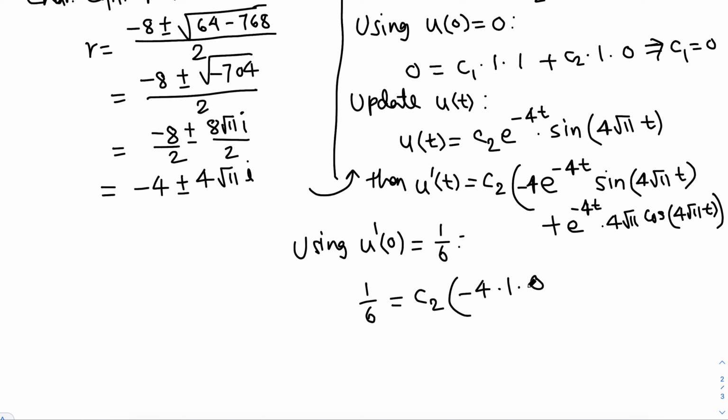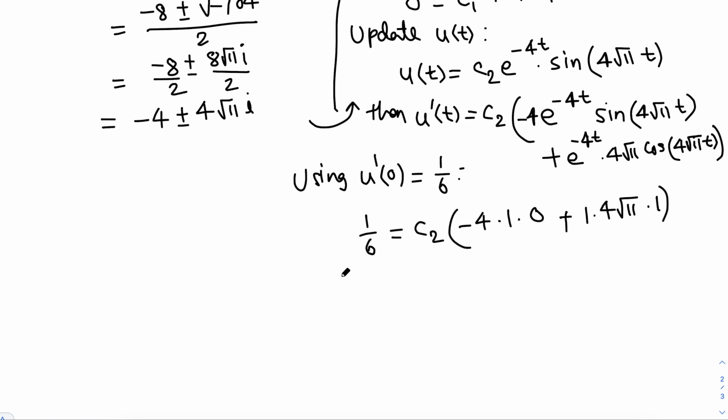In fact, that whole part is 0, plus e raised to 0 is 1 times 4 root 11 times cosine 0, which is 1.